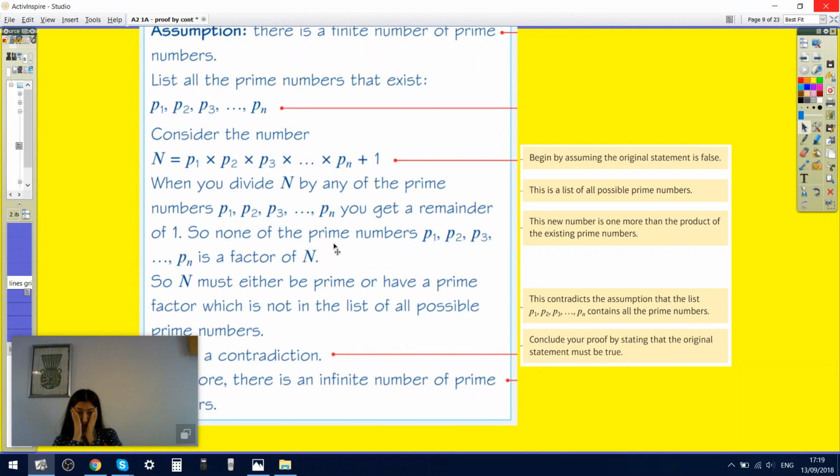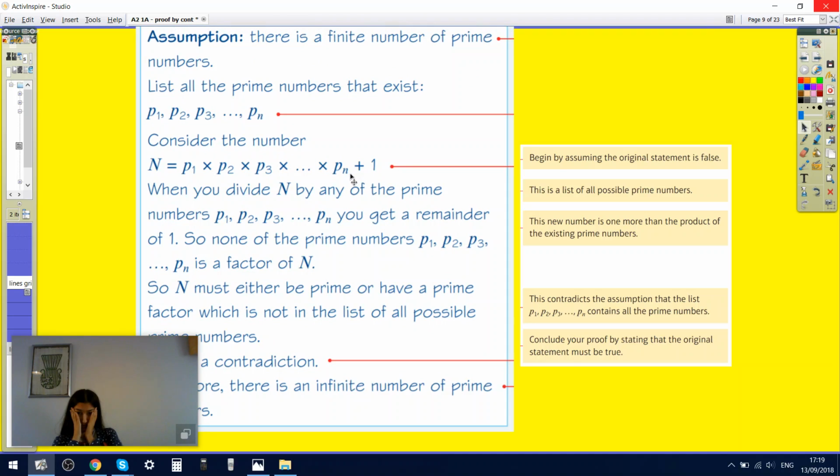So if you multiply all the prime numbers together, then add 1, you have a number that if you divide it by any prime number, you will always get a remainder of 1. So either it's a prime number itself, or if it isn't, then the list of all prime numbers which we just listed is missing a prime number.